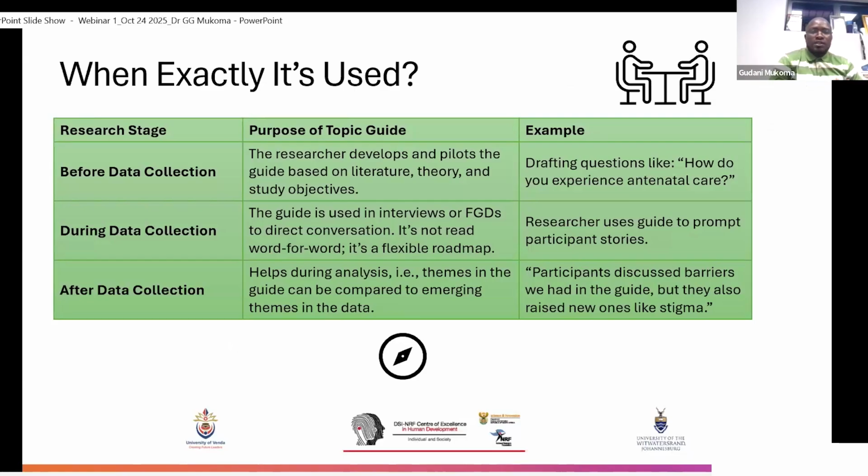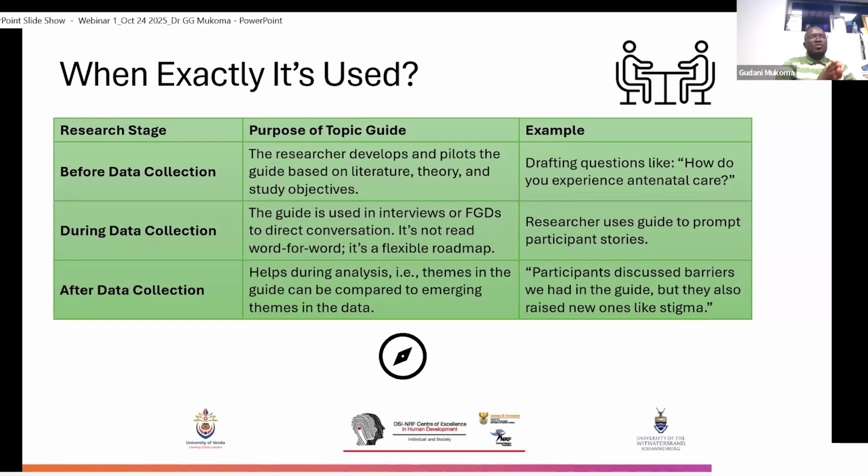So it's very important that you know as a researcher, when you're developing and piloting it, you have to see to it that this semi-structured topic guide is going to be based on the current existing literature, the theory, as well as the study objectives.